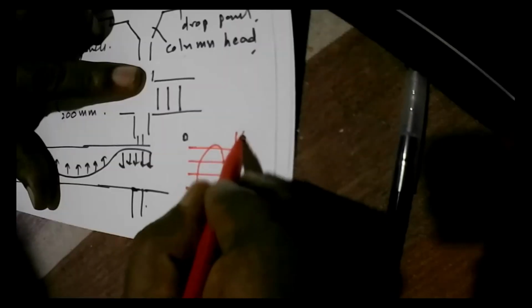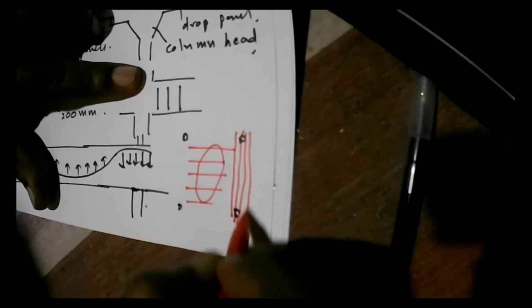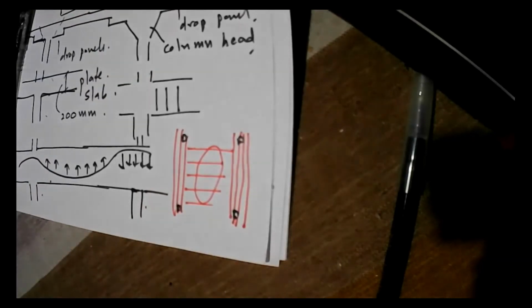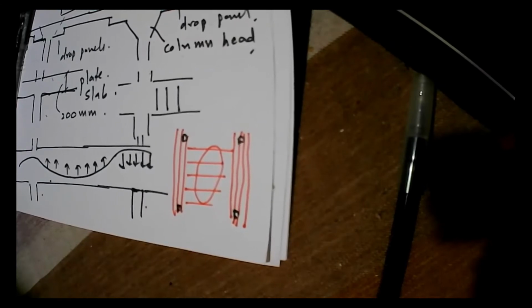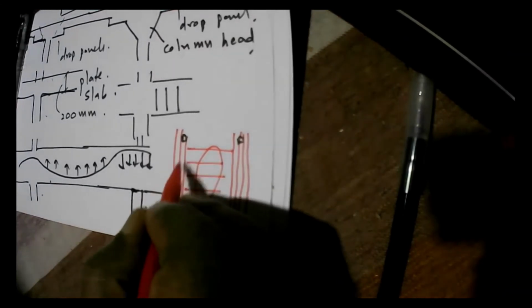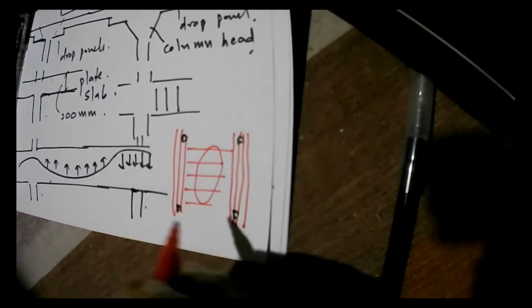So you will need a lot of tendons this way, because all these loads are now transferred onto the strips along the column lines. So basically you will find these are carrying heavy loads, so you have to have a lot of tendons.